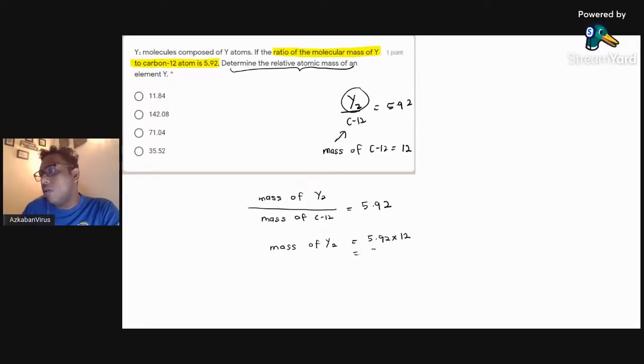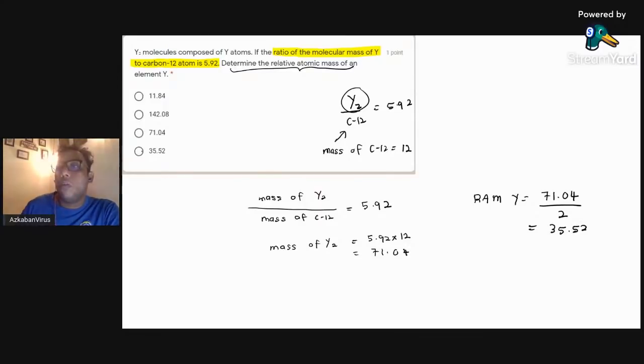This is equal to 71.04. Okay, dia minta relative atomic, atom, satu atom. Ni adalah molecular mass, ni adalah atomic. So, relative atomic mass of Y is equal to 71.04 divided by 2, which is equal to 35.52. So, jawapan dia adalah ini.